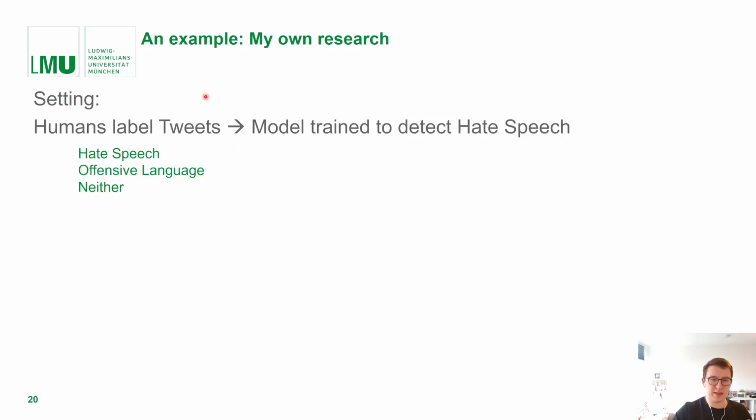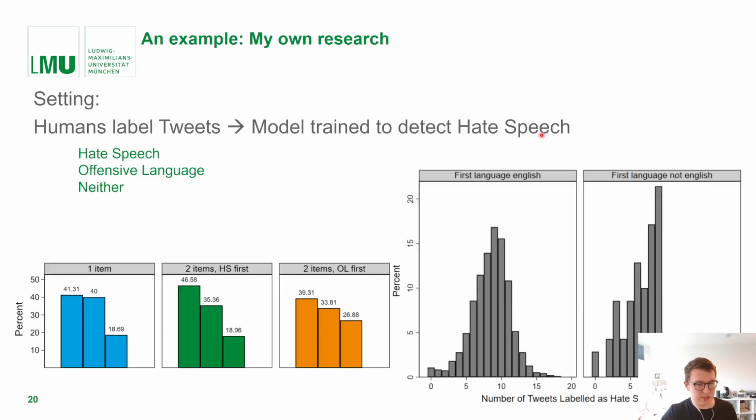So we design different tasks, train models to detect hate speech, and want to see if these models actually turn out different depending on how we ask these humans. Here are two little graphics from a study we published last year. These headlines show that we have three different annotation or labeling tasks, and we can see that depending on how you ask, you get different sets of data.